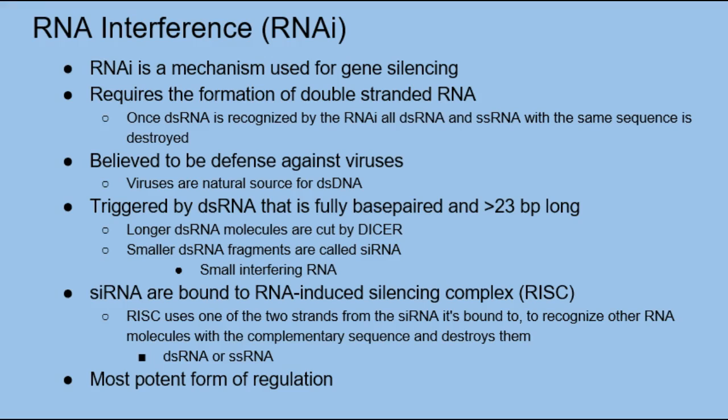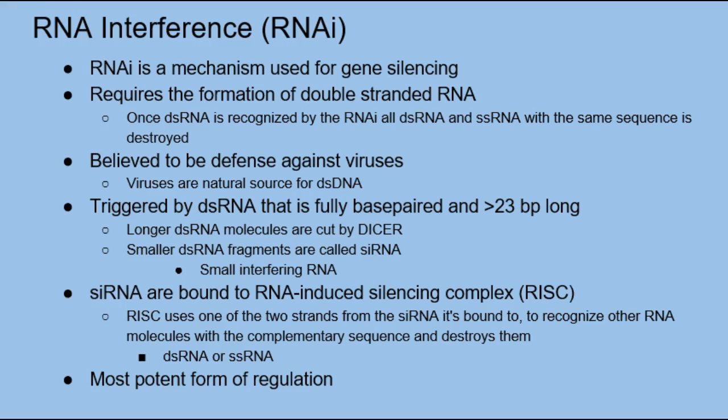The longer double-stranded RNA molecules are cut by an enzyme called dicer. Smaller double-stranded RNA fragments are called siRNA, or small interfering RNA. Small interfering RNA is bound to an RNA-induced silencing complex known as RISC.